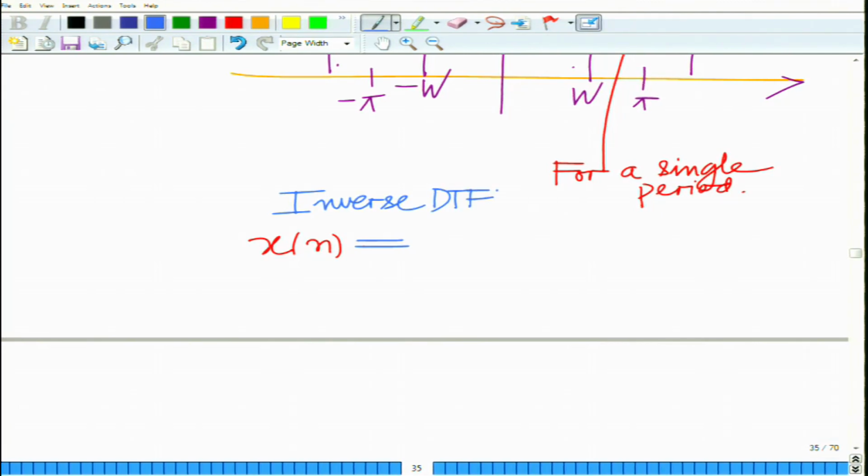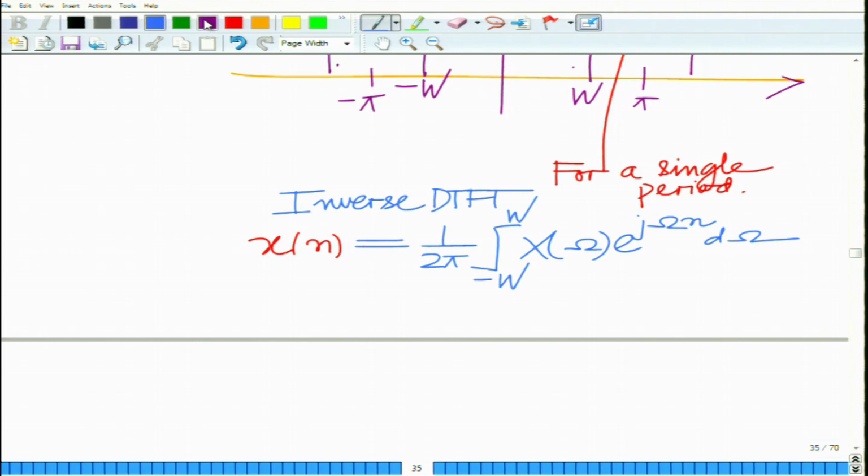And the inverse DTFT is given as, remember, the inverse DTFT formula: x of n equals 1 over 2 pi, integral from minus pi to pi of X of omega e raised to j omega n d omega.